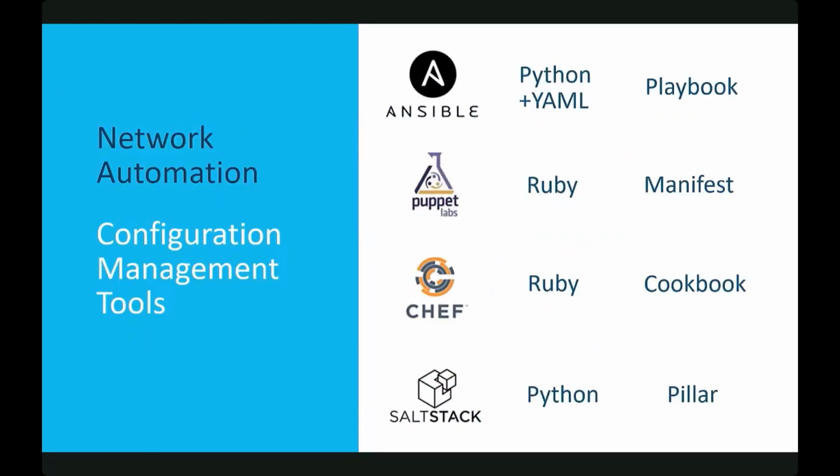Ansible uses Python and YAML, whereas Puppet and Chef use Ruby, and SaltStack uses Python. These management tools use recipes to script and automate changes over the network. Ansible uses playbooks, Puppet uses manifests, Chef uses cookbooks, and SaltStack uses pillars.